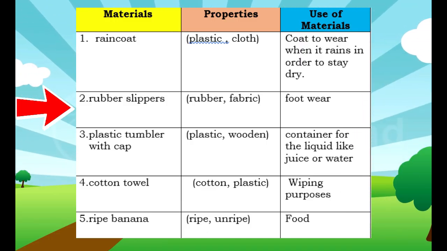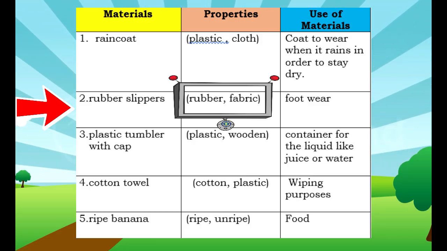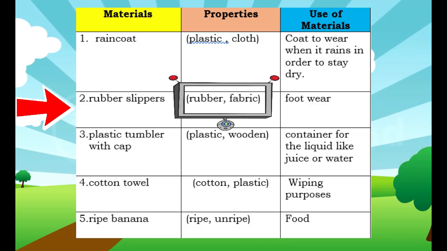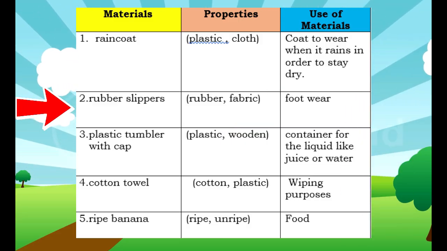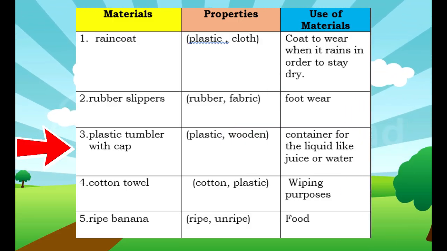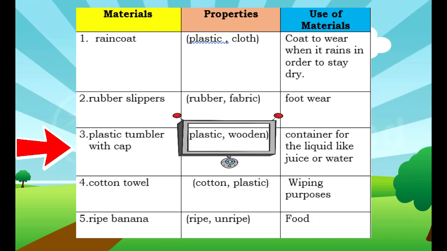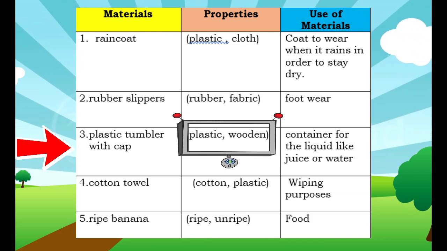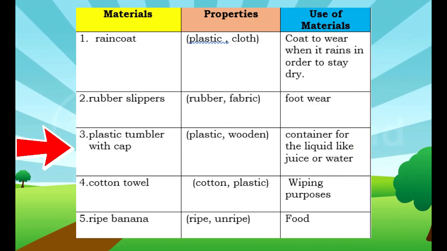Number 2. Rubber slippers. Is it rubber or fabric? Its use is footwear. Number 3. Plastic tumbler with cap. Is it plastic or wooden? Use of the material, container for liquid like juice or water. Number 4.